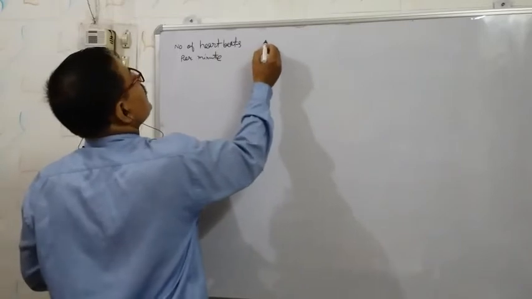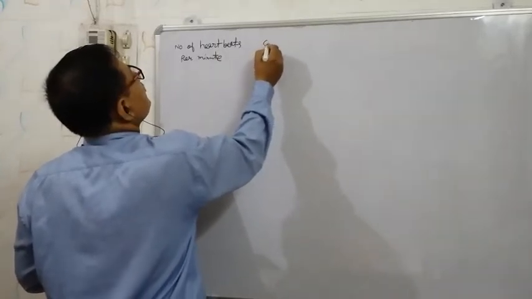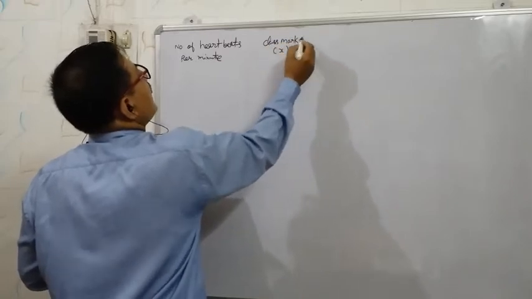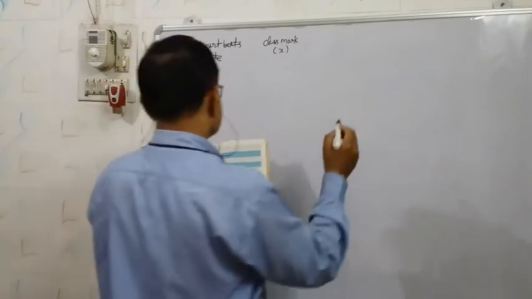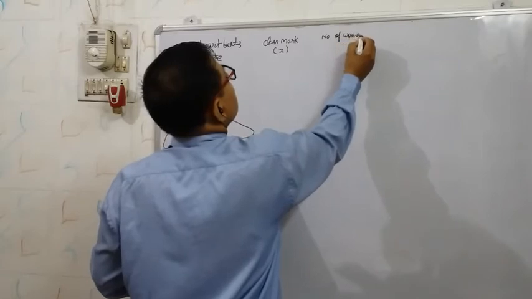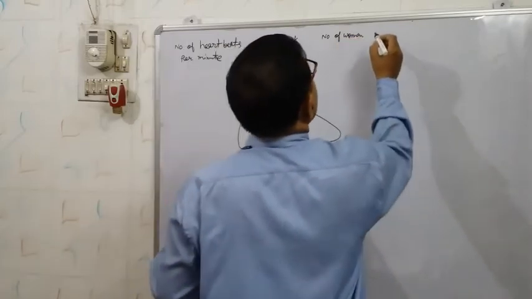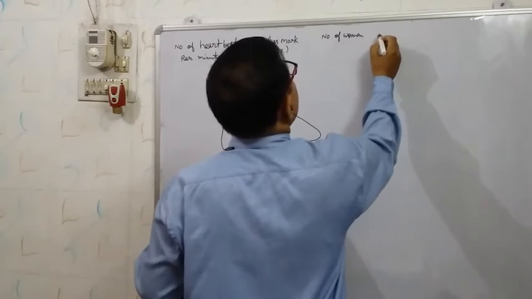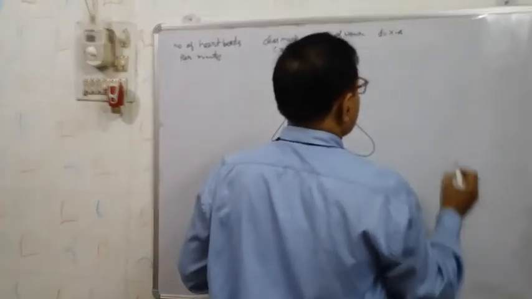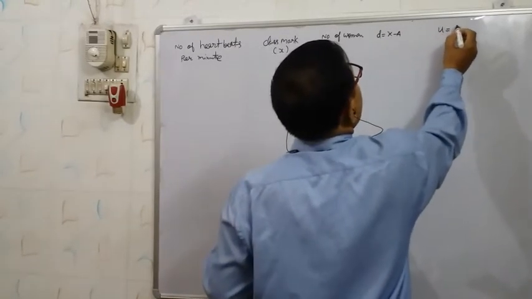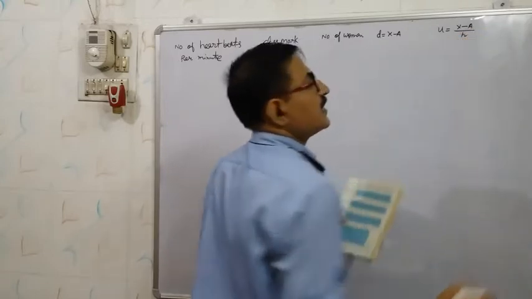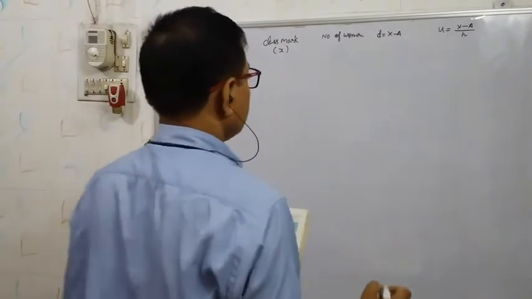We need to find the class mark, which we denote by small x, and next is the frequency, the number of women. Then our column d, where d equals x minus a, and then we find u equals x minus a upon h, where h is the width of the class.